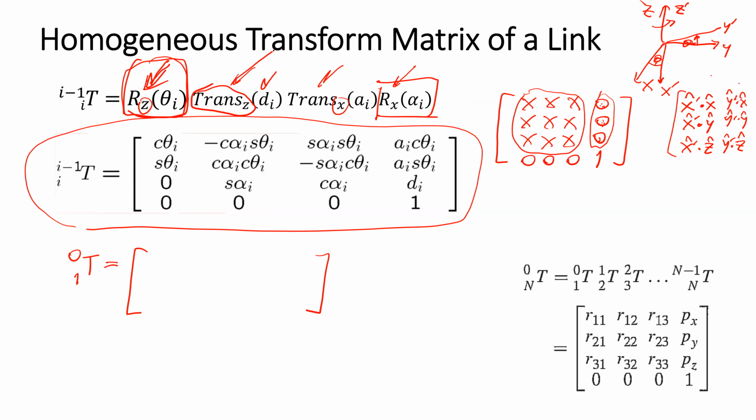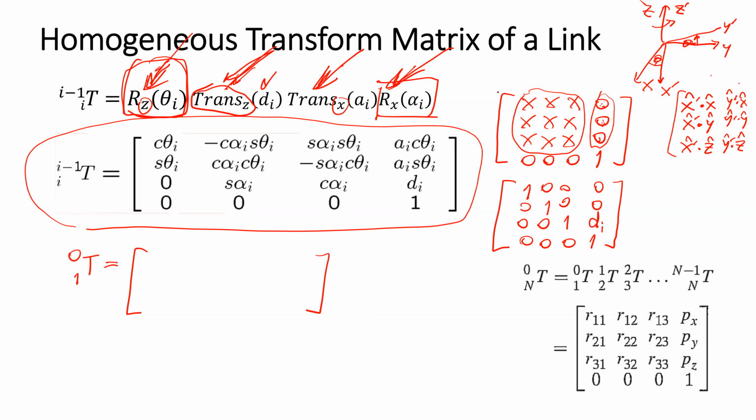For the pure translation in Z direction, the rotational matrix doesn't change the orientation. So this is the rotational matrix. And for the pure translation in the Z axis, you have only di. So now this is this and this. You may need to construct the 4x4 matrix of this and the 4x4 matrix of this.